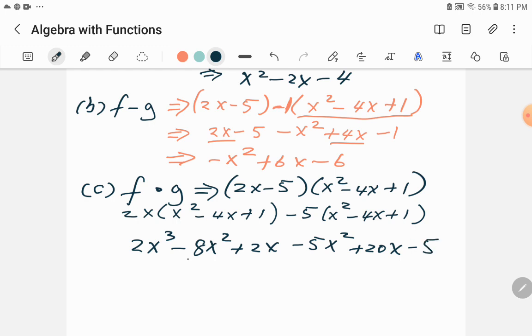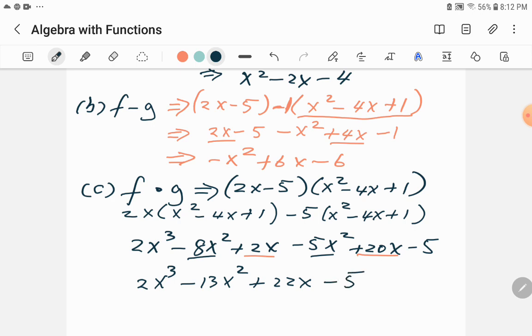So combine like terms here and here. So we'll have 2x to the third. And then minus 8x squared minus 5x squared, that should be minus 13x squared. And then we have plus 2x plus 20x, so that gives us plus 22x. And then a minus 5.